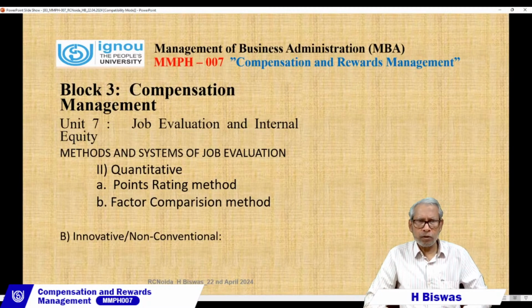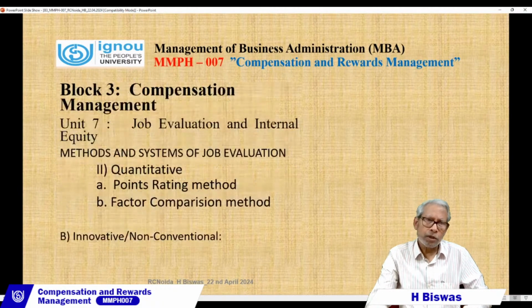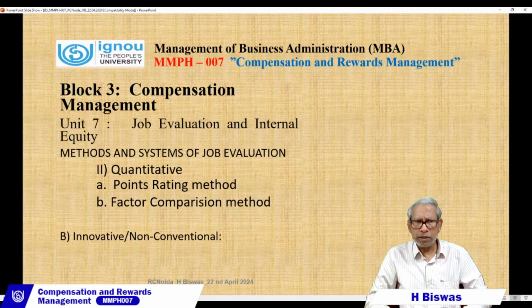Then another is the quantitative methods. Earlier it was non-quantitative, now it is quantitative. In the quantitative methods, there is the point rating method, and another is the factor comparison method. Here I am just touching upon what the methods are. It may come as a short note, it may come as a broad question also, so you have to elaborate it.